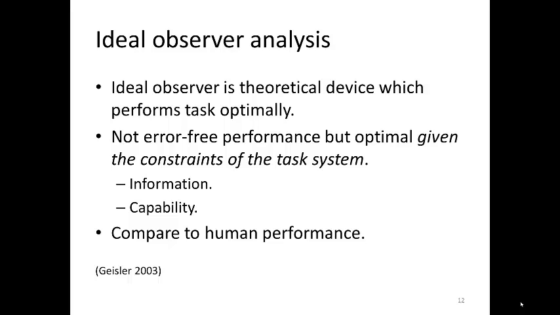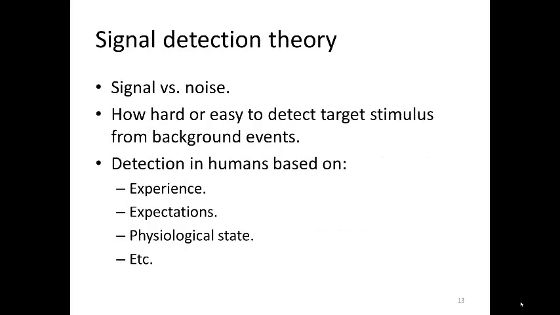Yeah? And that can be used, as I say, to compare to human performance. So how well do people perform compared to the ideal observer? And you might want to minimize that difference. So you keep tweaking the system, but keep the same capabilities, whatever it might be, until you narrow that gap. That's an ideal observer analysis.